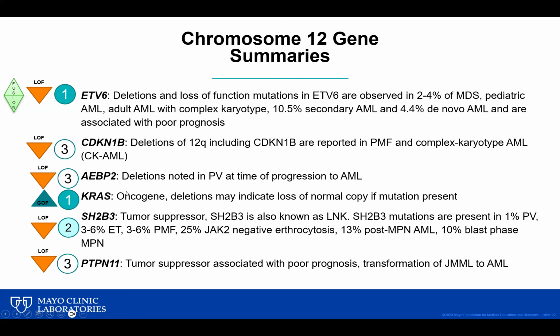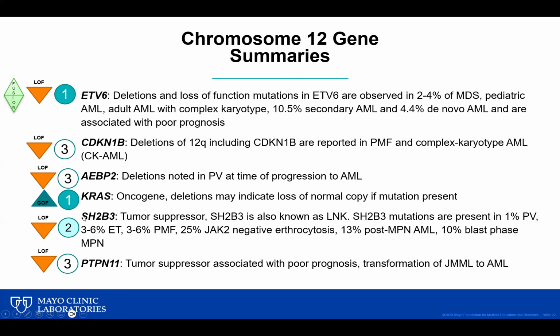AEBP2, although it is a tumor suppressor, is not specific for complex karyotype AML, and we don't know that this patient ever had PV. So we actually did not include this gene on our final report. KRAS, we did include. Deletions may indicate a loss of normal copy number if a mutation is present.